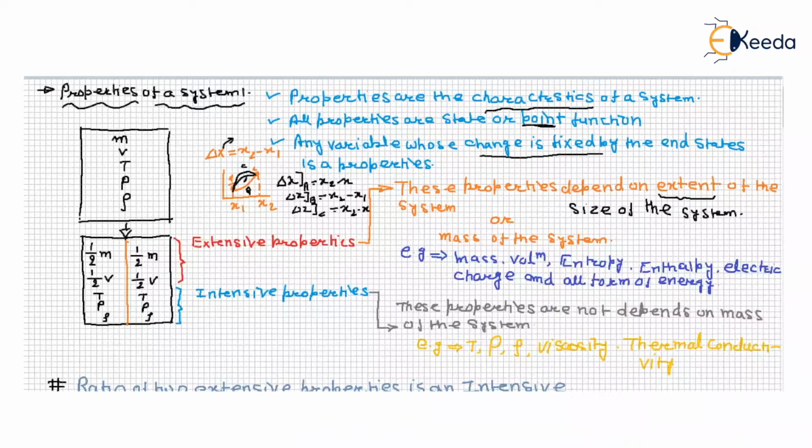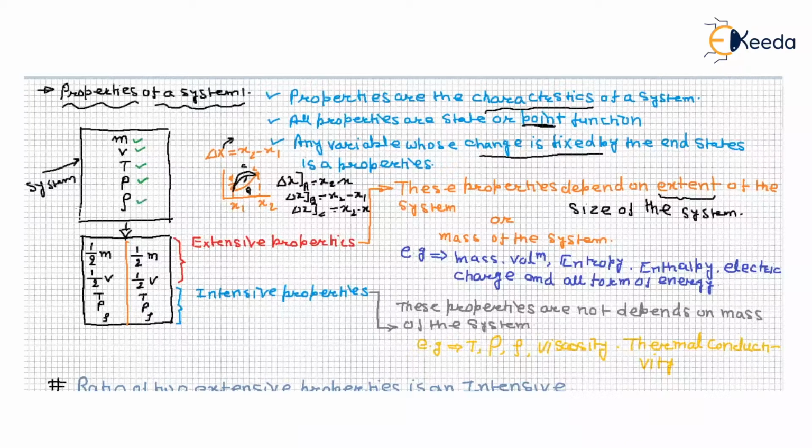Now if we select a system, this is our system. We already told that the system is defined by properties like mass, volume, temperature, pressure and density. Let's suppose the system is defined by these, right?